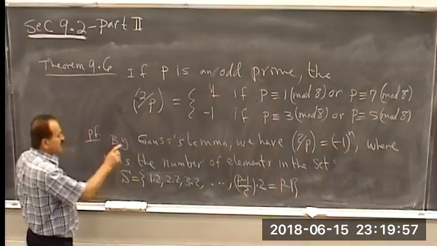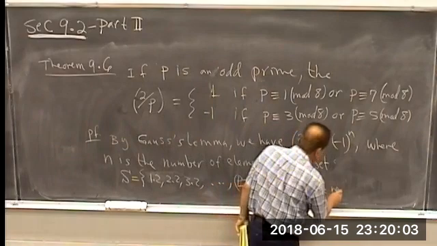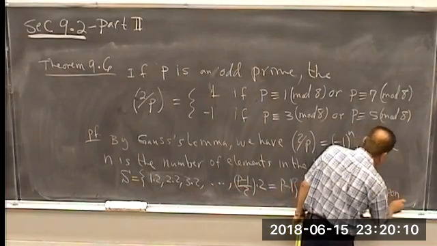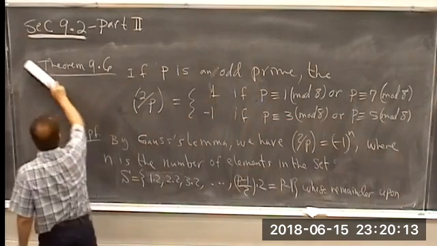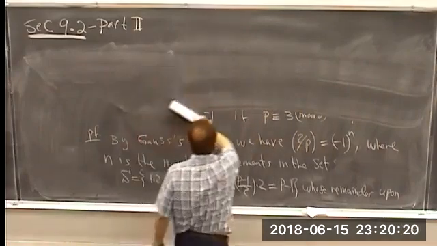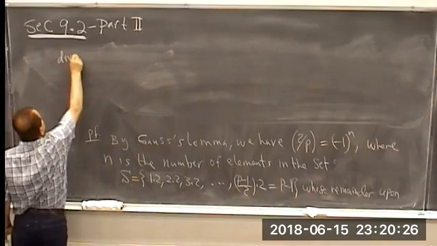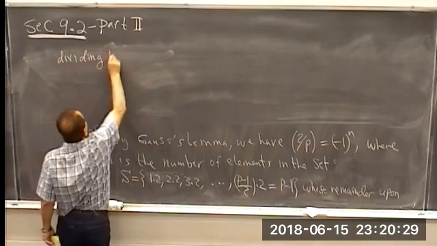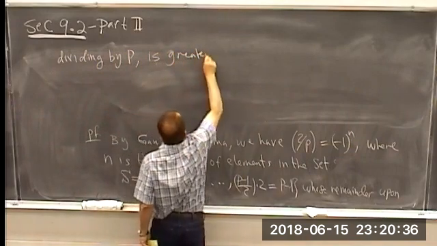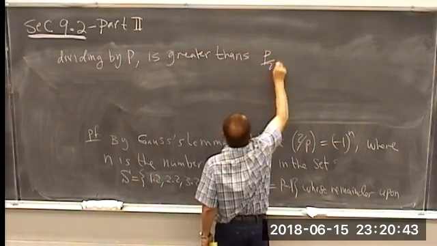So n is the number of elements in here whose remainder upon dividing by p is greater than, or exceeds, p over 2.